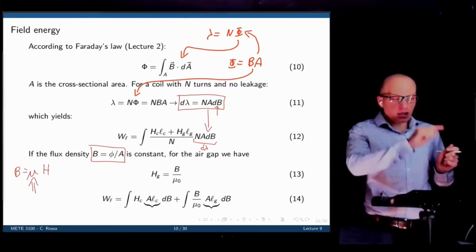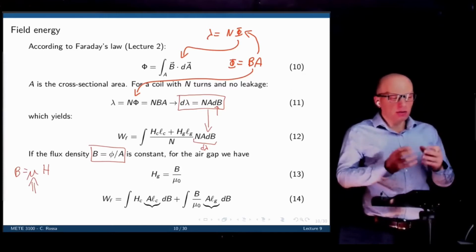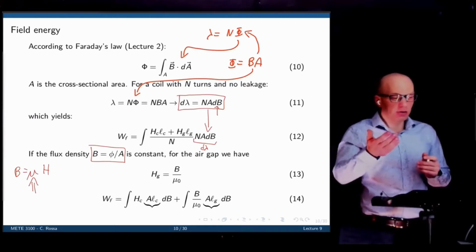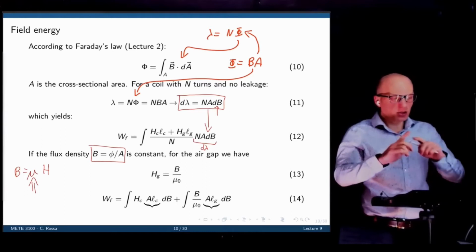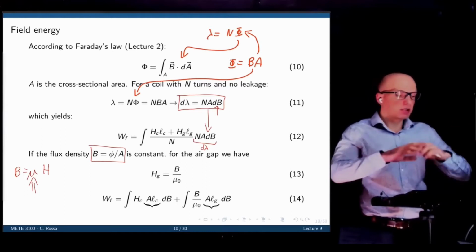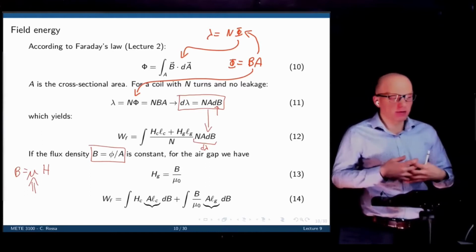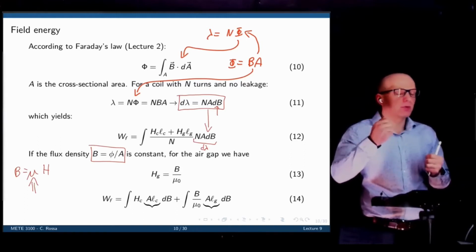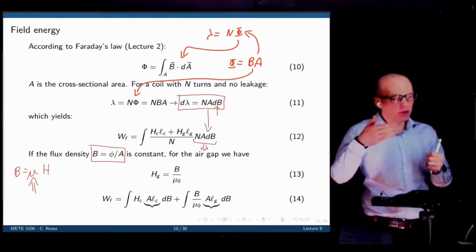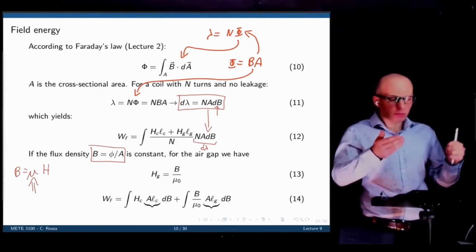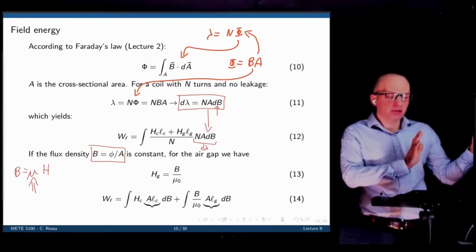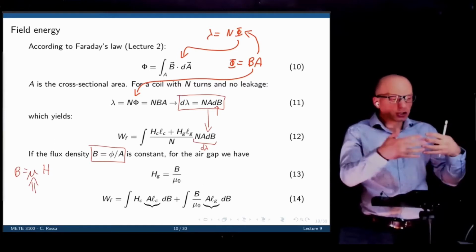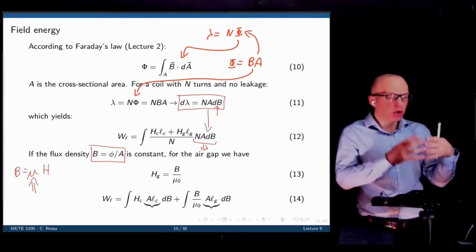However, for the magnetic core part, the permeability is not necessarily constant, because after a certain value, it decreases and we see some saturation. The magnetic core will not develop a very high flux density for a very high value of the magnetic field, because the relation becomes non-linear and the core saturates.